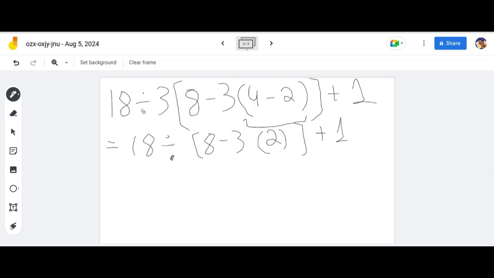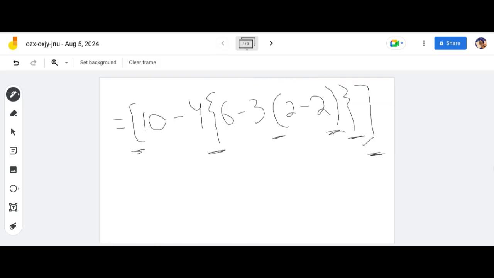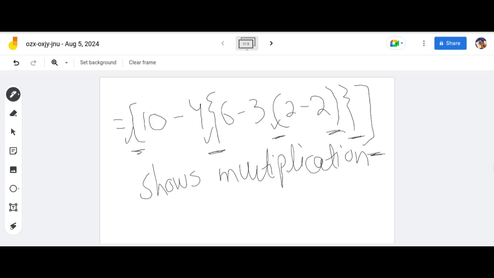I told you that if the bracket is square, curly, or small, they all show multiplication. So if you have a digit inside and outside, we can simply do the multiplication between these numbers.